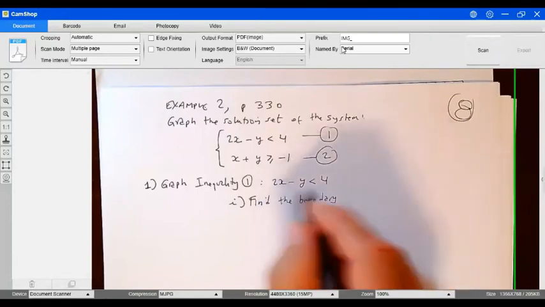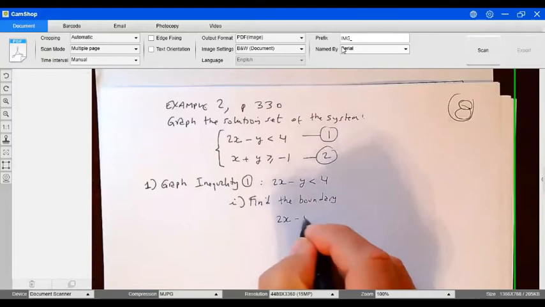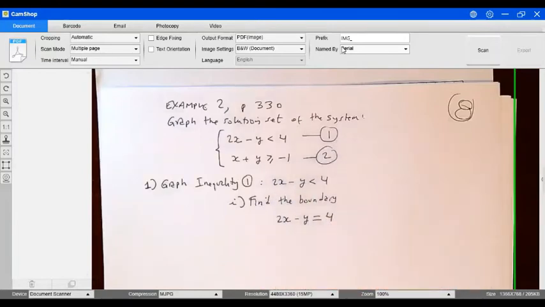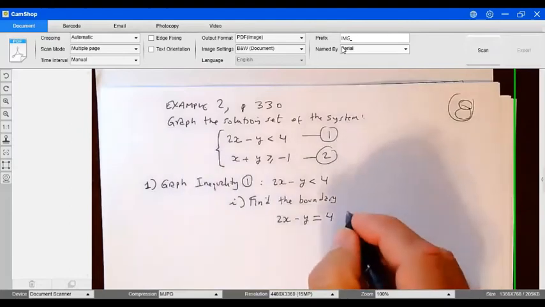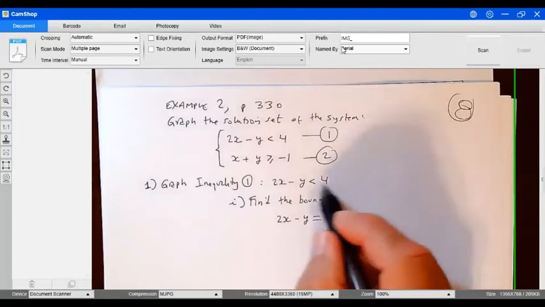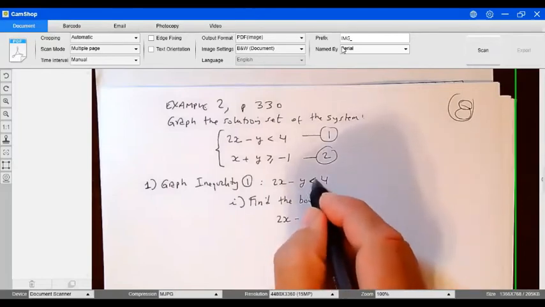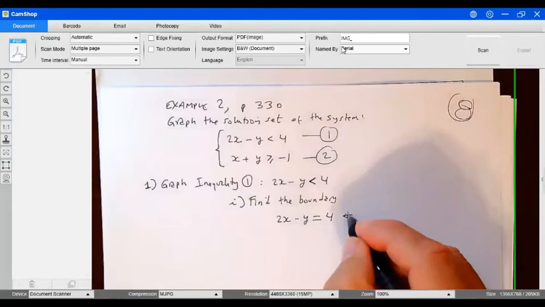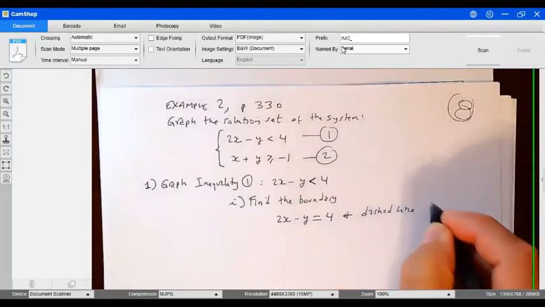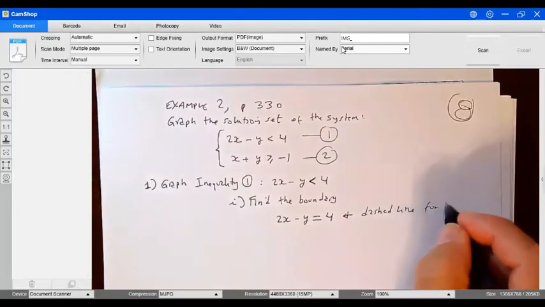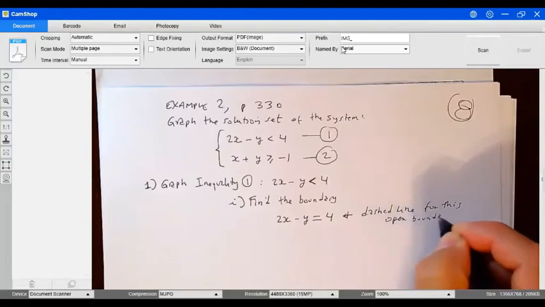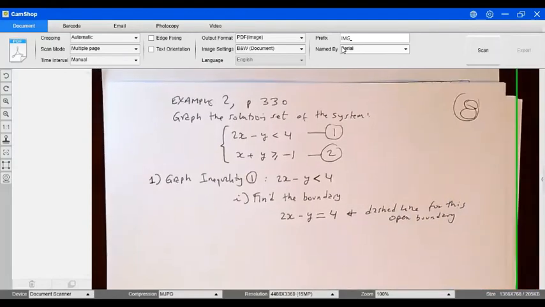You just write the left-hand side of the inequality, then an equal sign, and then the right-hand side of the inequality. So now you have an equation. This is the equation of the boundary. Also, you can see here that you have a symbol that indicates this is an open boundary, so you're going to use a dashed line for this open boundary.